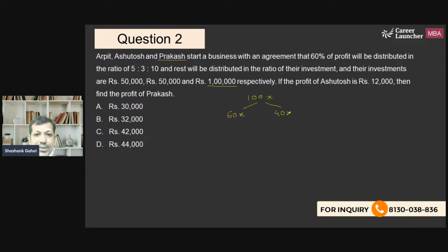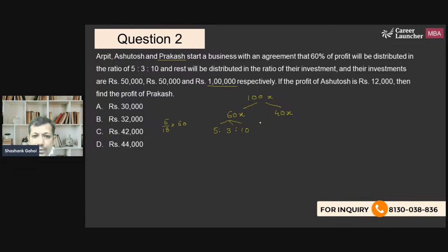So 60x is going to be divided in the ratio 5:3:10, which sums to 18. So how much is Arpit going to get? 5/18 of 60. But I'm not going to calculate this.